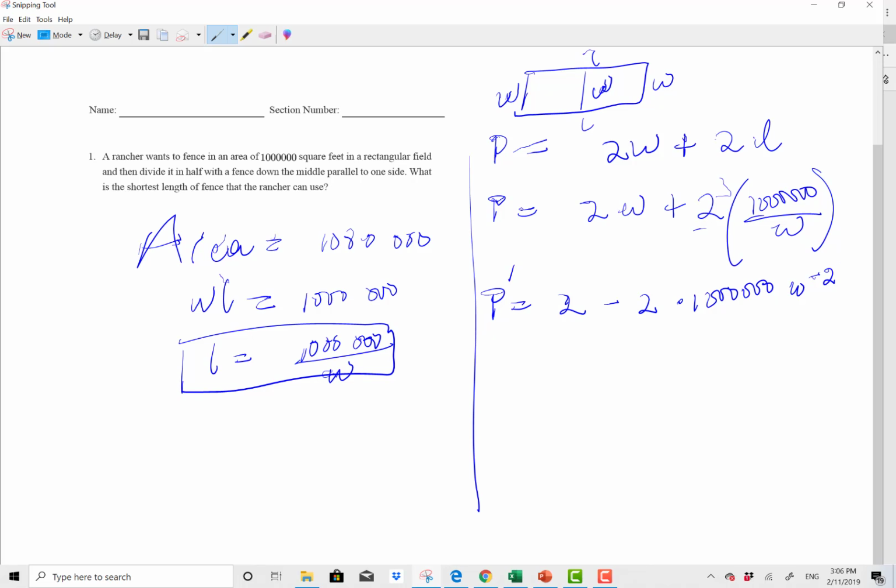Now to find which value for W would actually minimize the perimeter, I'm going to find a critical point by equating the first derivative of the perimeter to 0.